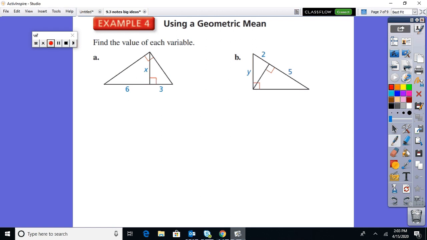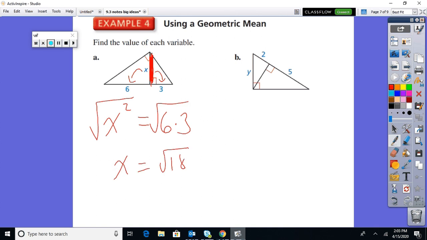All right, so in example 4, I'm looking at this. Now, I just know from doing this for a million years, here's my altitude drawn to the hypotenuse. So I know that's the mean between 6 and 3. So when I set it up, I just go x squared equals 6 times 3. So when you take the square root, x is the square root of 18.